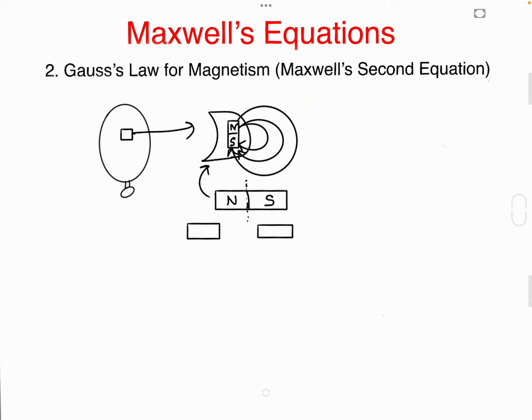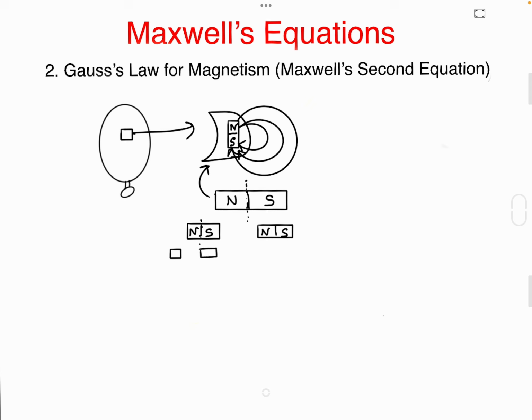Now we have two magnetic bars. Can we split that north and south pole? Actually no, we can't. Again, it's going to generate a north and then a south pole. What happens if we split these two magnets into two?